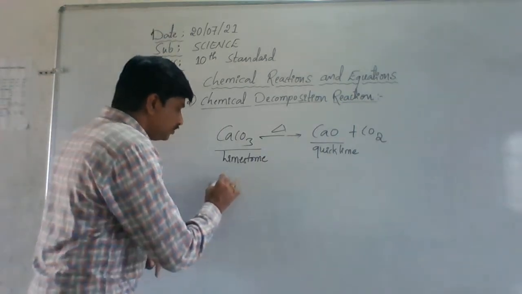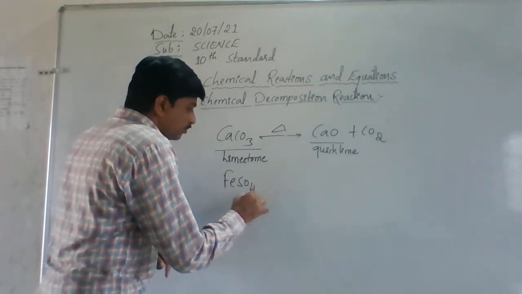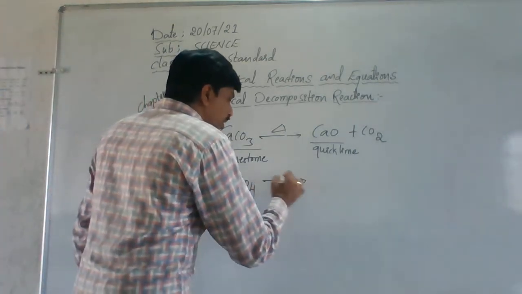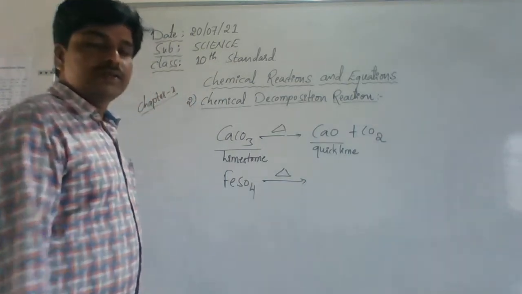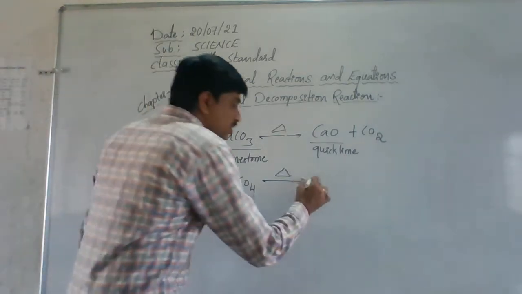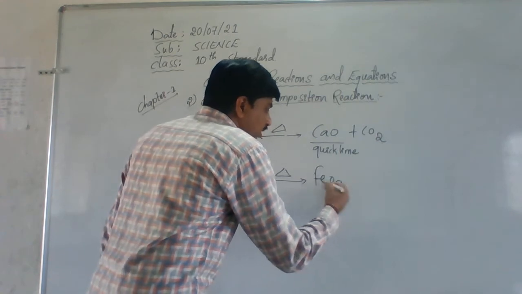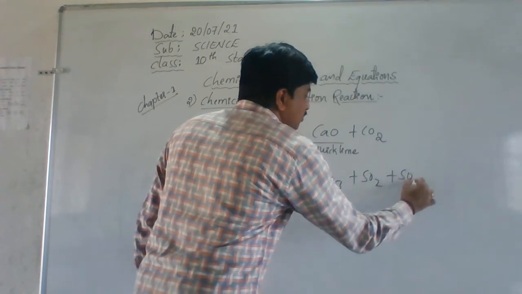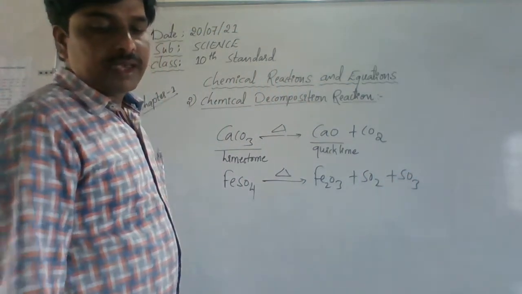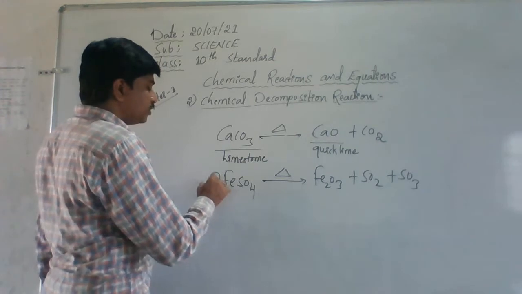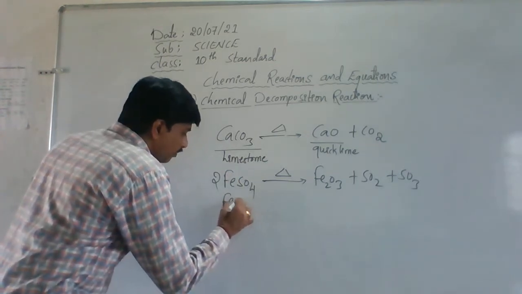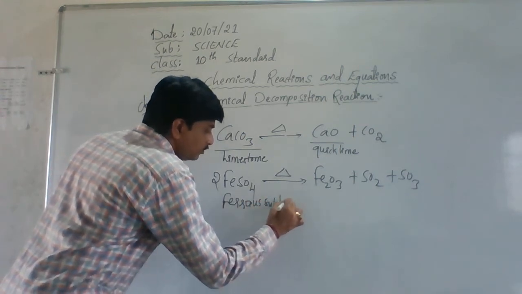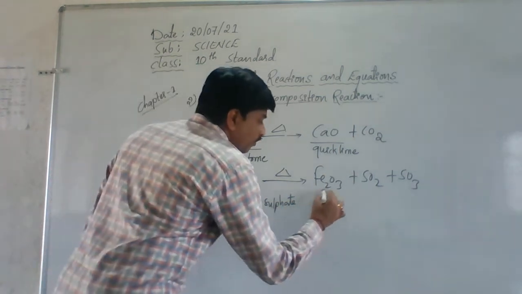Take another example. Ferrous sulfate is there. When you give heat to this ferrous sulfate, that forms what? Fe2O3, ferric oxide, and two gases. One is sulfur dioxide and another one is sulfur trioxide gas. Understand? Then you have to balance it.